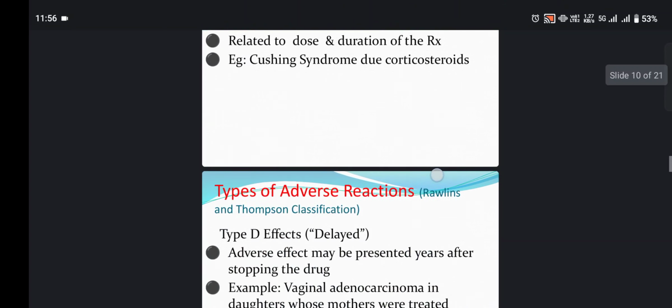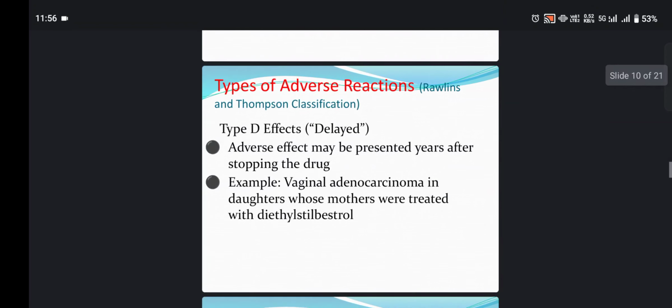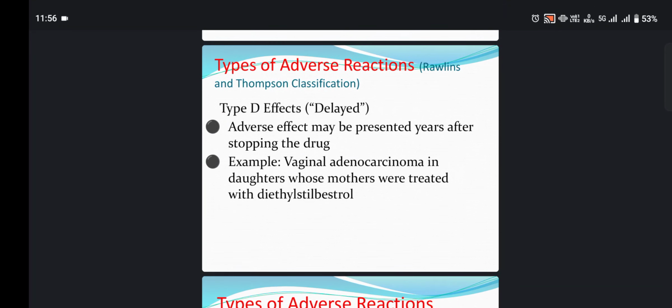Okay. Then comes the fourth one among the types of ADR, type D ADR, that is delayed. Delayed means the adverse effect may be presented many years after stopping a drug.